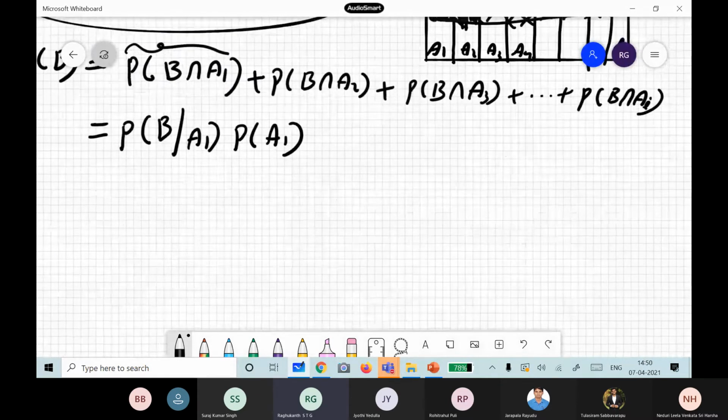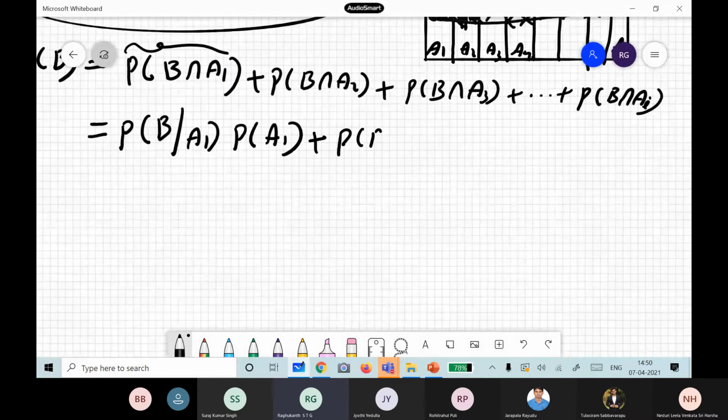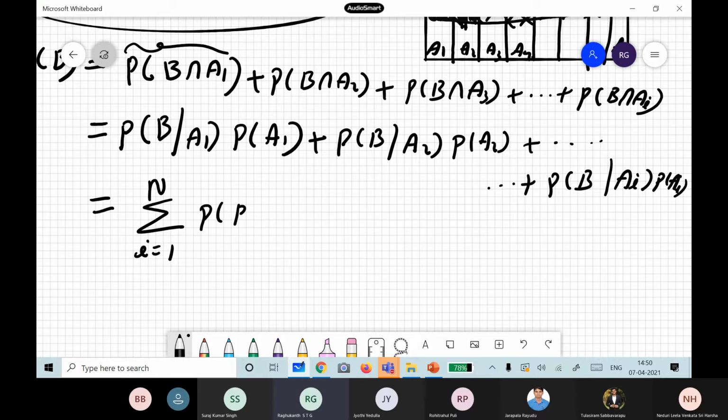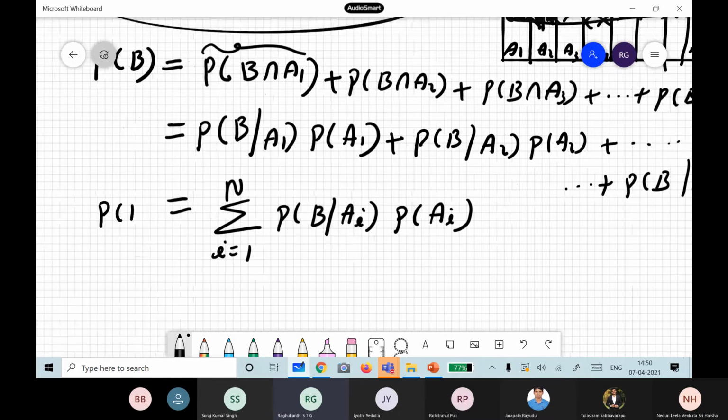So you can also write plus P of B given A2, P of A2, plus P of B given Ai multiplied by P of Ai. Or this you can write as sigma, i equal to 1 to n, P of B given Ai multiplied by P of Ai. So this is how we write the total probability theorem.